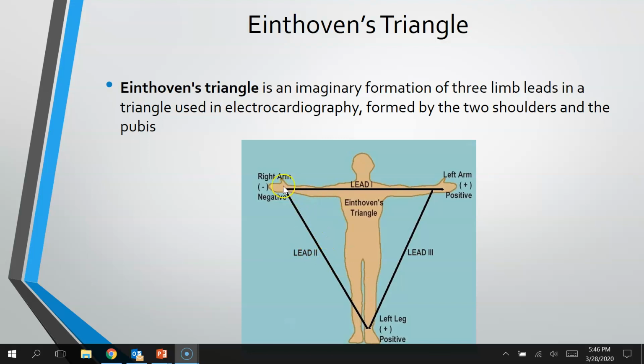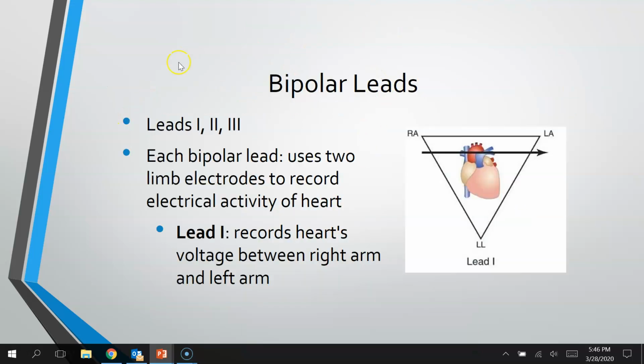Lead 2 is taking a picture from the right arm down to the left leg. Lead 3 is showing from the left arm down to the left leg. Okay, those are going to be called bipolar leads. So again, we're seeing this picture for lead 1 is directly across.